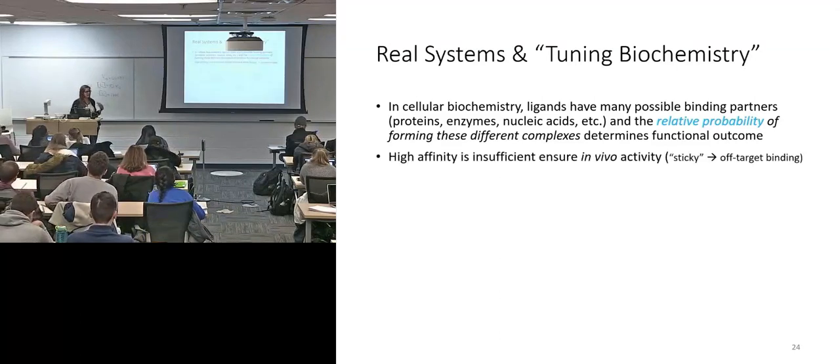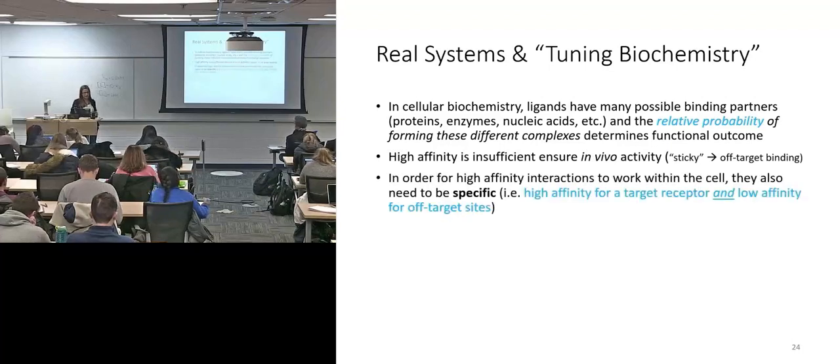High affinity. The higher the affinity, the better the binding, except that high affinity is insufficient to ensure that you'll have sort of biologically relevant activity of these ligands, because if stuff is really, really high affinity, it's really, really strong. Another way to think of this is it's really, really sticky, but this ligand then just sticks to everything, and there's a whole bunch of off-target binding that you do not want, okay?